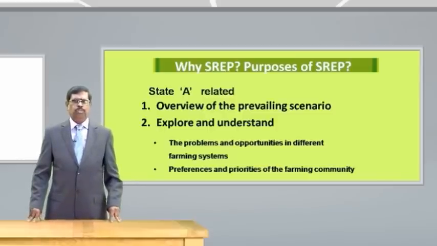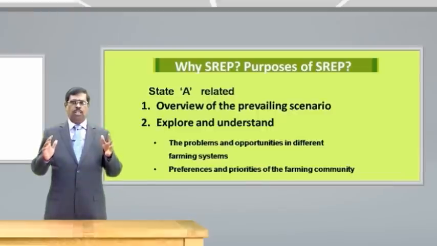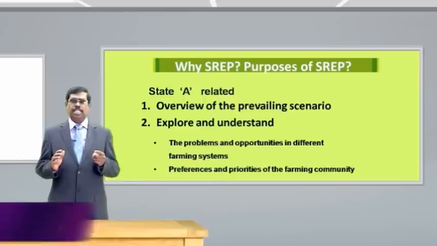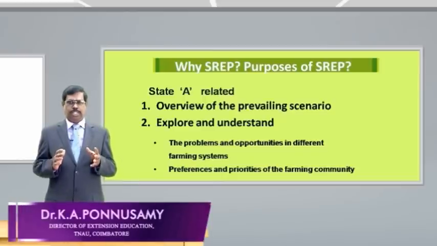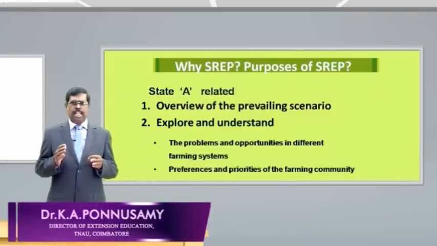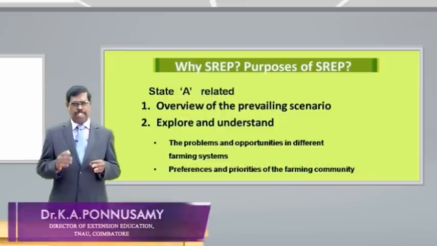So, we need to get an overall overview of the prevailing scenario of the districts in terms of agricultural development. And number two is we need to explore and understand the problems and opportunities in the different farming systems that already exist, and we also should know the preferences and priorities of the farming community.